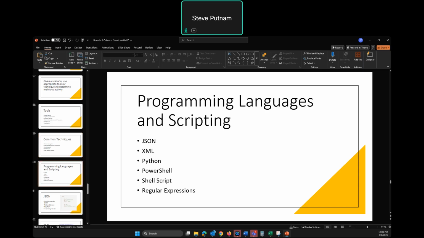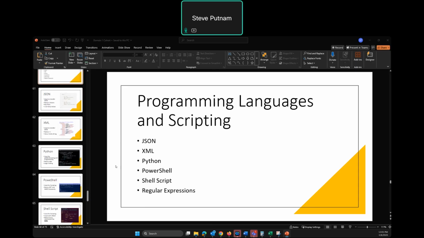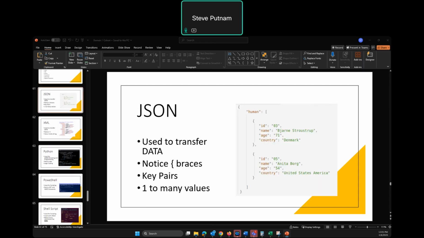Programming languages and scripting. The use of these languages and scripts is a good indicator of compromise. JSON, XML, Python, PowerShell: a lot of it is written by attackers in those languages to deliver a payload. For JSON, for example, it's used to transfer data, one-to-many values.